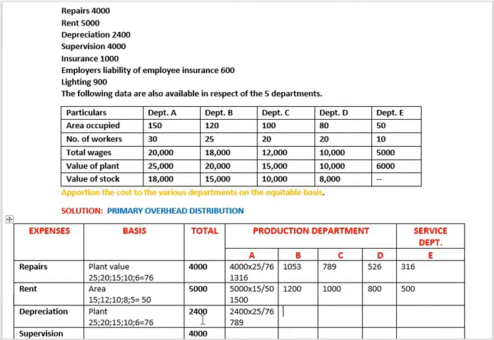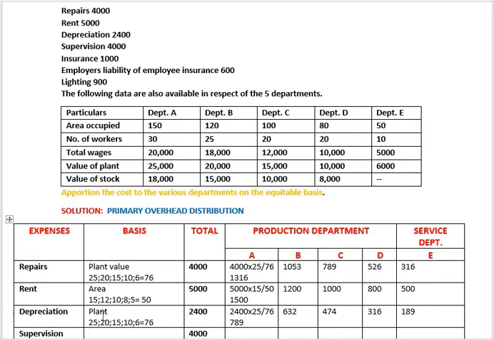So 20 by 76 we will get 632. And for department C we will get 2,400 into 15 by 76, we will get 474. And for department D, 2,400 into 10 by 76 we will get 316. And for department E we will get 189. So this is how we need to apportion the depreciation.